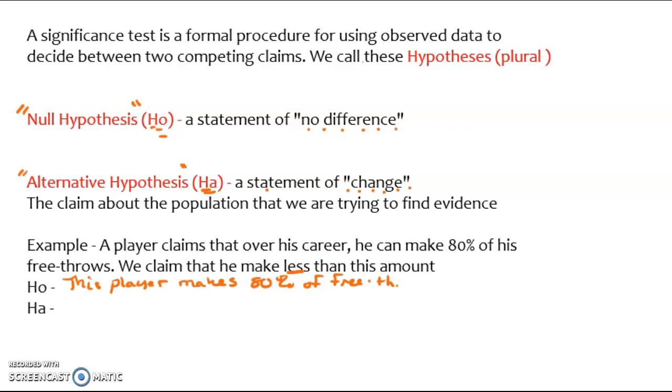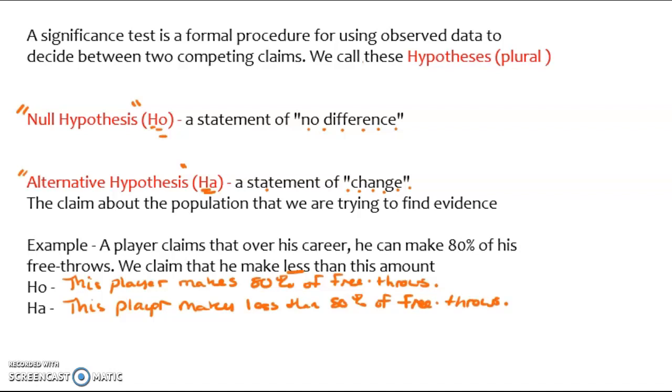Remember the first one, the H0, is no difference. For the Ha, this is going to be our claim. We're going to say this player, we'll keep it real simple, makes less than 80% of their free throws.